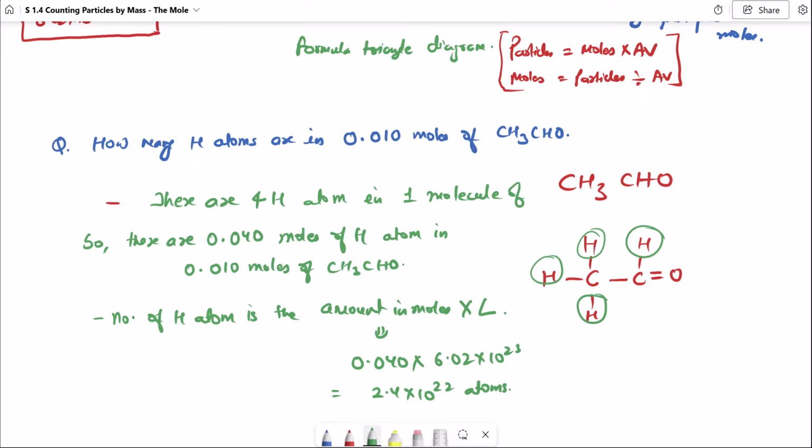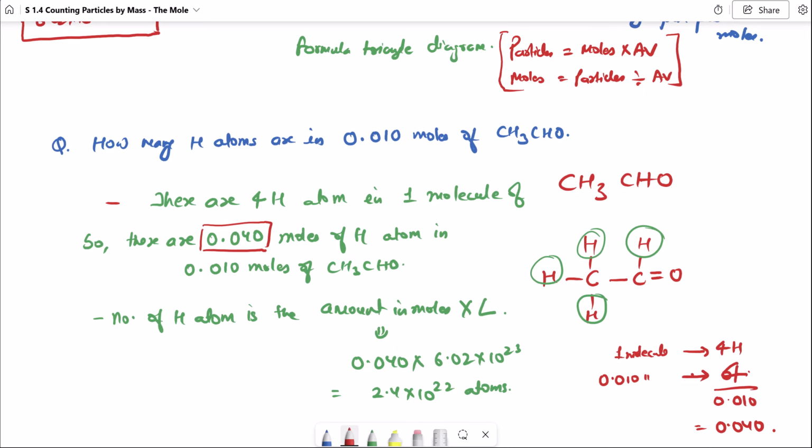Also, if you have a question about how this came, I can say 1 molecule contains 4 hydrogen atoms, so 0.010 moles will contain how much? 4 times 0.010, which comes to 0.040. Simple. Fine.